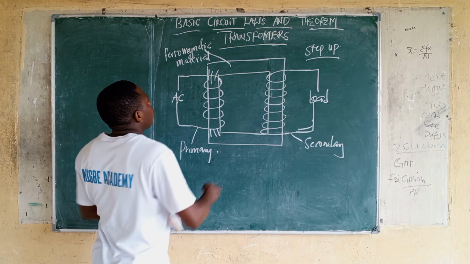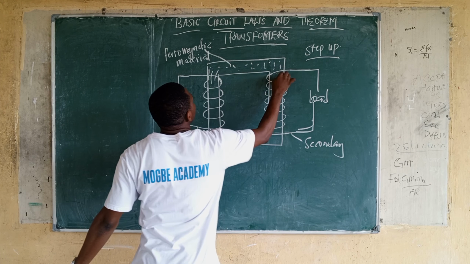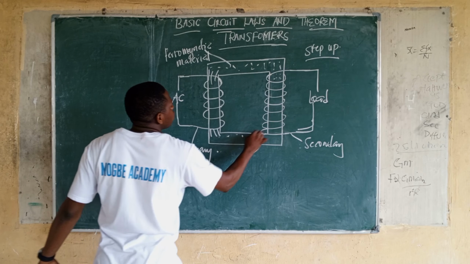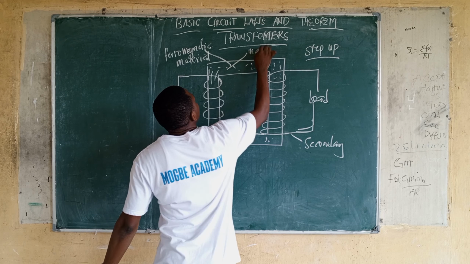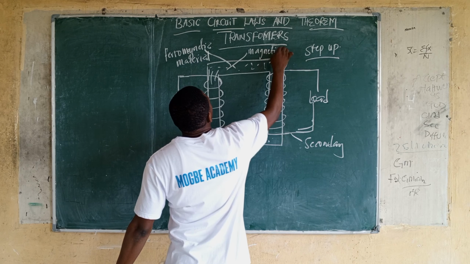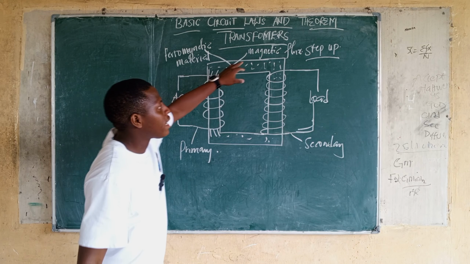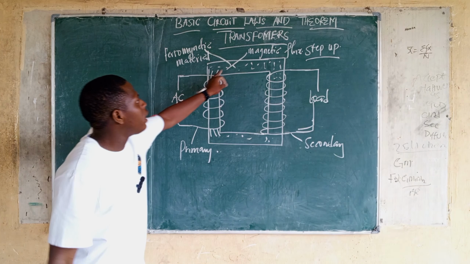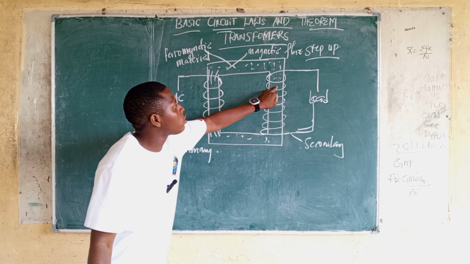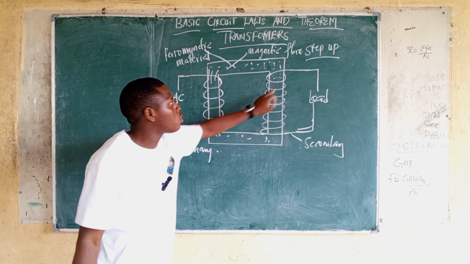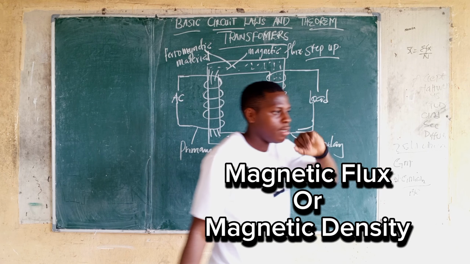Now, this area or region in which your magnetic field flows through to your secondary side is what we call the flux. So you can call it magnetic flux, or you can call it magnetic density.